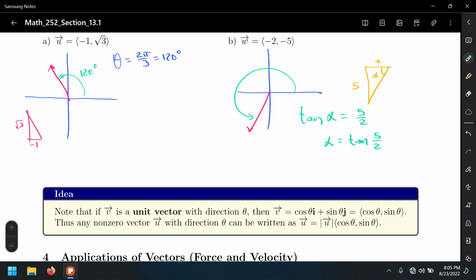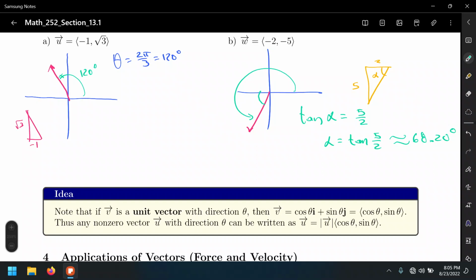Using a graphing calculator, this is approximately 68.20. Of course, you can verify this using your graphing calculator. However, notice this portion right here is only the 68.20.